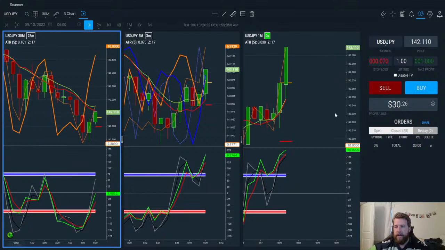Okay, so this is good. This shows us right here our profit and loss as we're going. So we're already up 30 bucks. And after just that one bar, we're almost touching pressure.